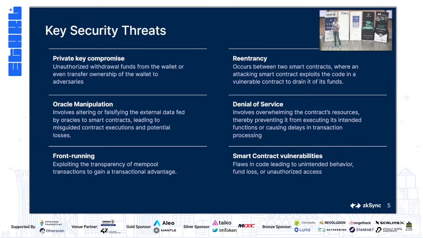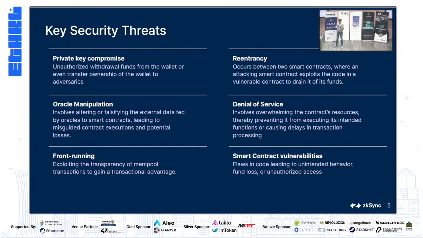Reentrancy. So it happens when two contracts interact with each other. So the malicious contract calls some specific functions that are vulnerable in another contract, and uses it mostly for funds withdrawal.